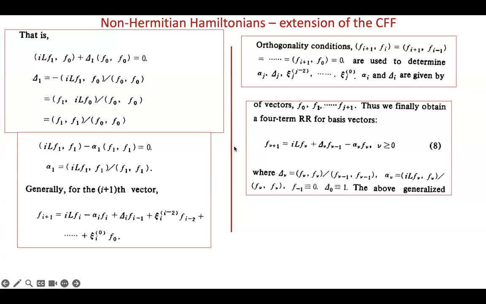Now, once you have come here to 8, the rest of the journey is identical to what we have had earlier. You plug in the F nus into the Heisenberg operator equation. The Heisenberg operator equation, which is the main equation we're solving, already brings in the A nus.